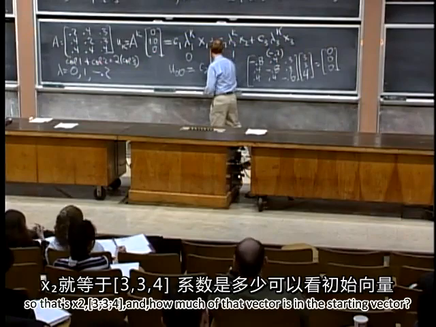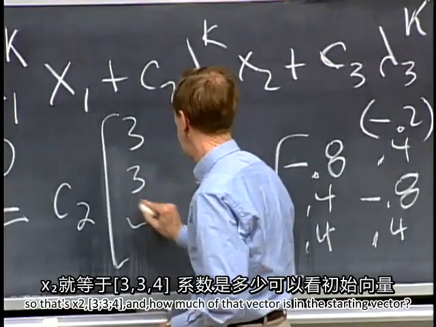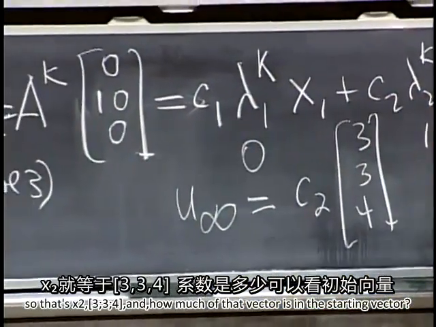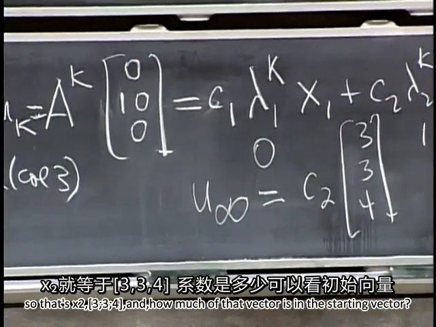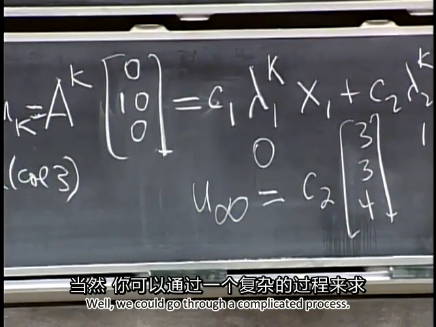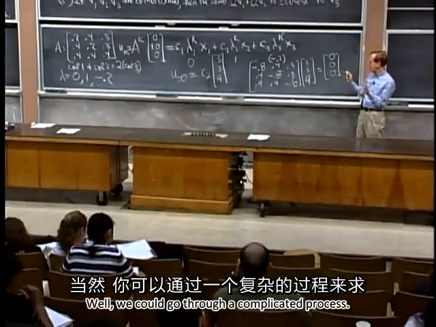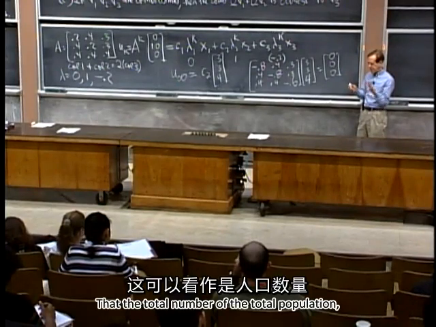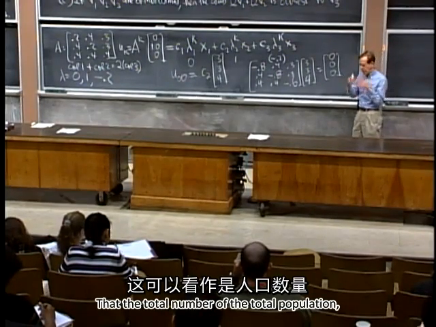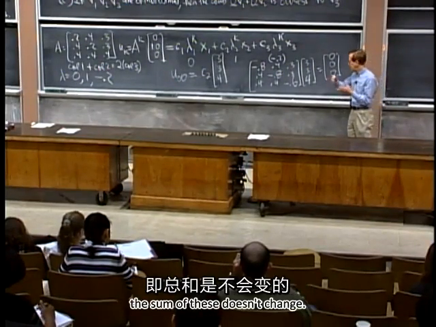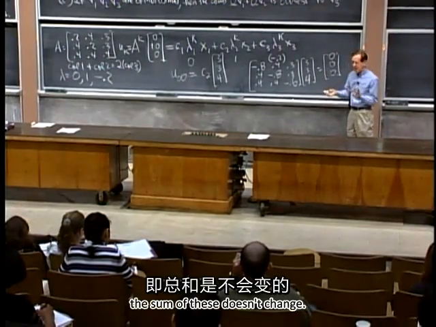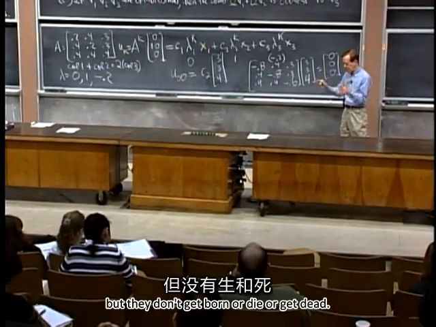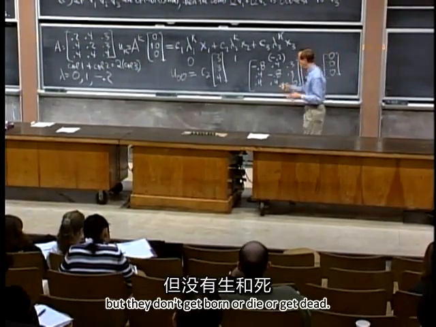And how much of that vector is in the starting vector? Well, we could go through a complicated process, but what's the beauty of Markov things? The total population, the sum of these, doesn't change. The people are moving around, but they don't get born or die.